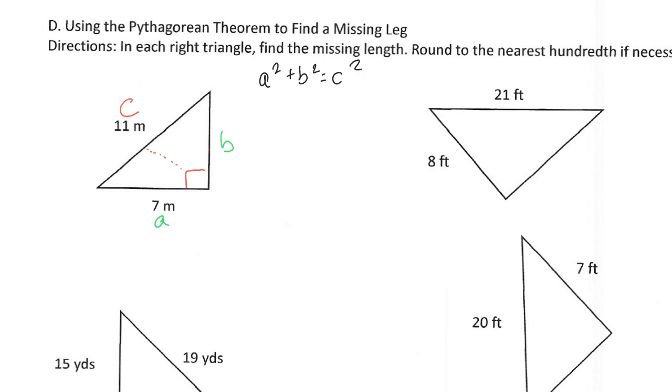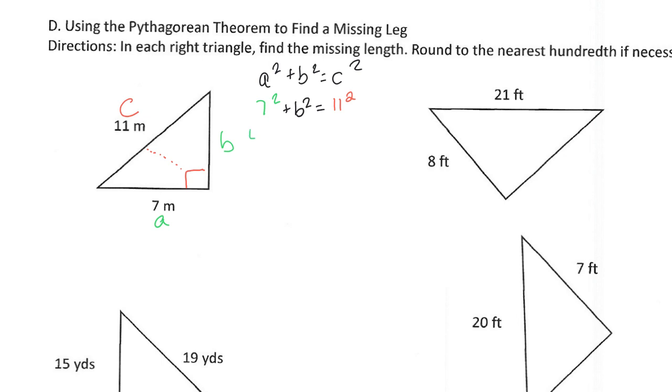And we have A is 7 squared. B is what we're trying to find. So plus B squared equals 11 squared. All right, so let's do this.